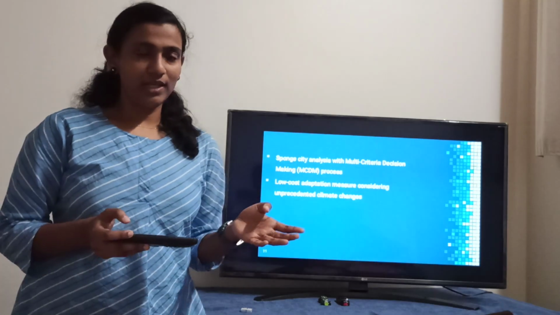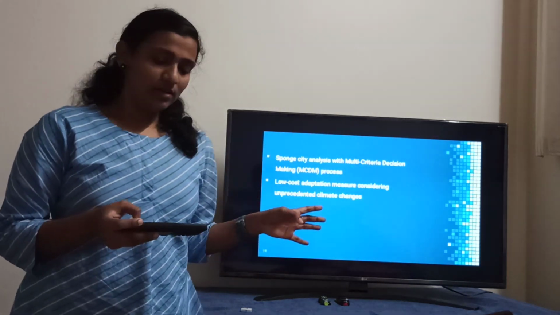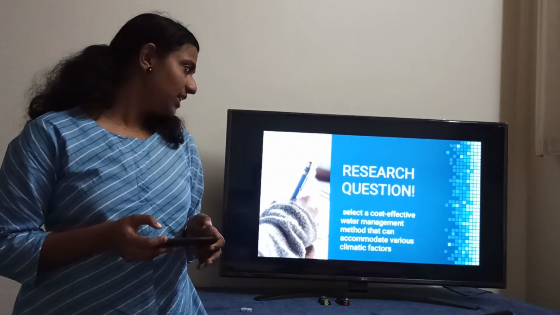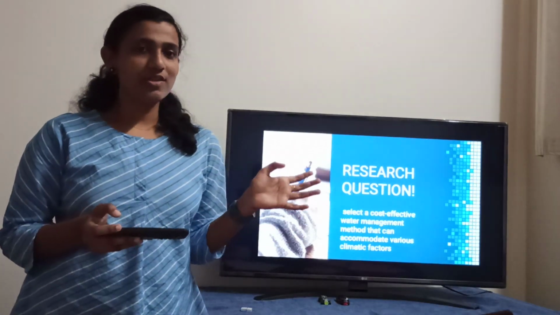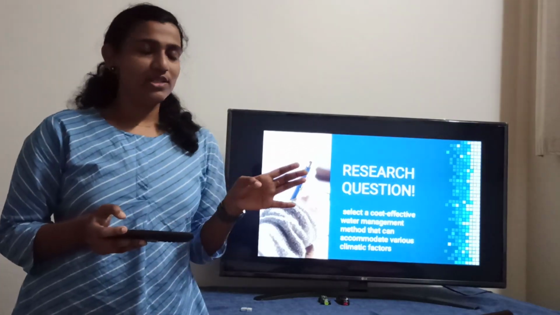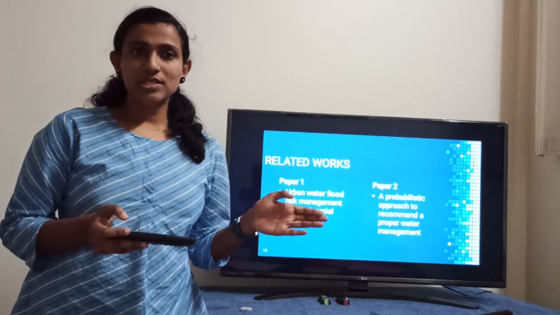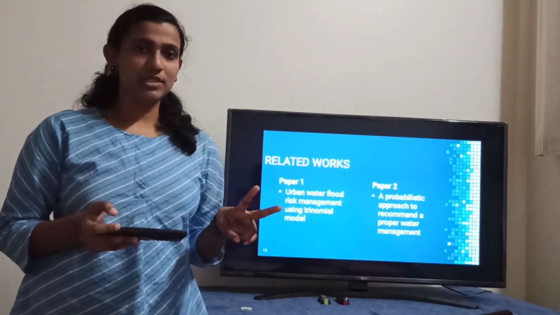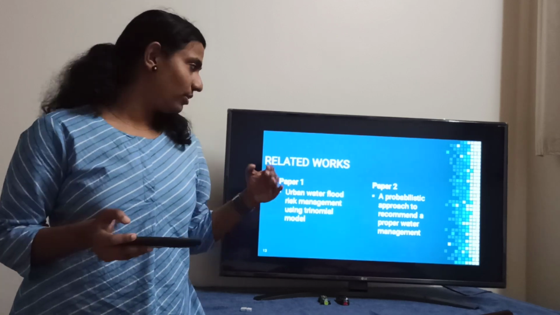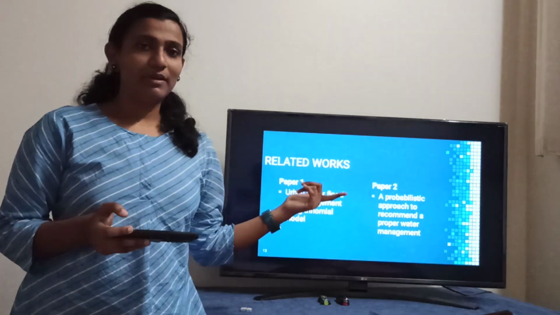efficient and not economical. So after this detailed research, I have reached one research question, that is to select a cost-effective water management method that can accommodate various climatic conditions. To solve this question, I have selected two papers and analyzed the working technologies in the two different papers.